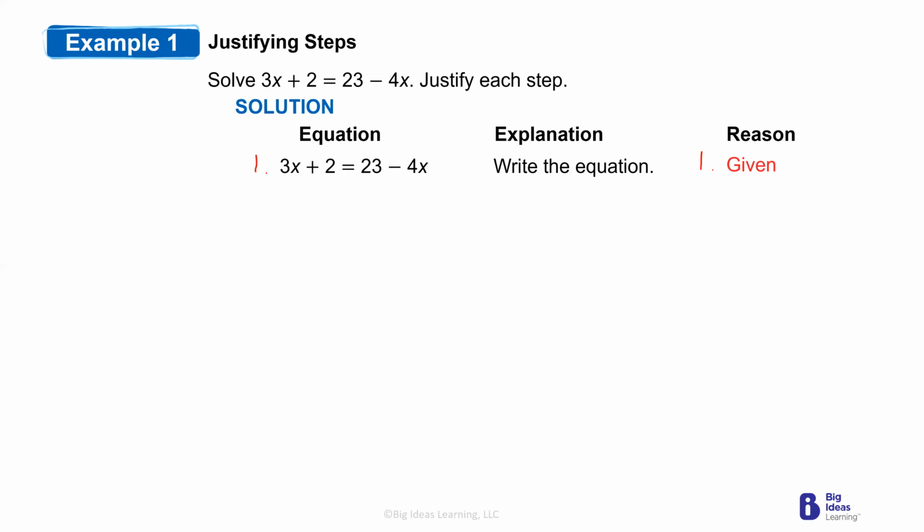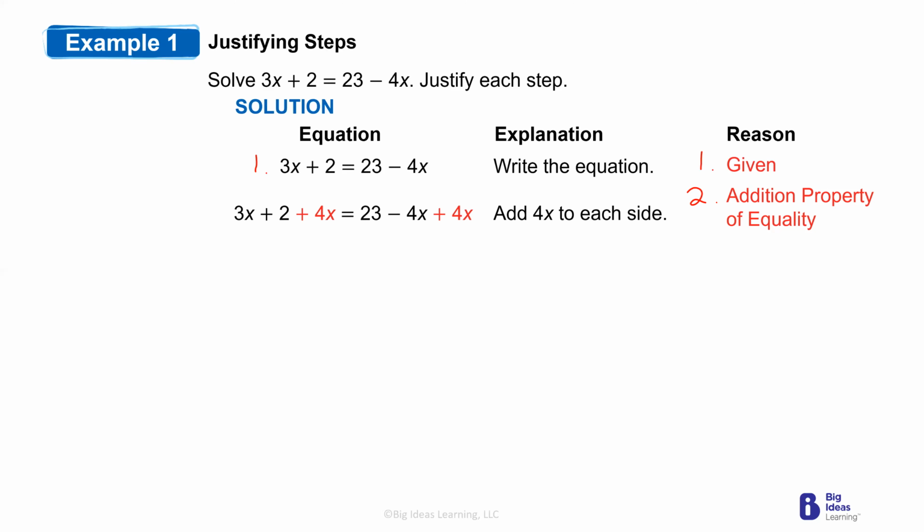If I want to move the 4x over the 3x, how do I get it over there? Plus 4x. Yeah, I'm adding, right? So we're using addition property of equality. That's going to be our second reason, and I'm adding 4x to both sides. So over here, this is what I'm going to put down for my statement. For that second line, I have 3x plus 2 plus 4x equals 23 minus 4x plus 4x. I added the 4x to both sides.